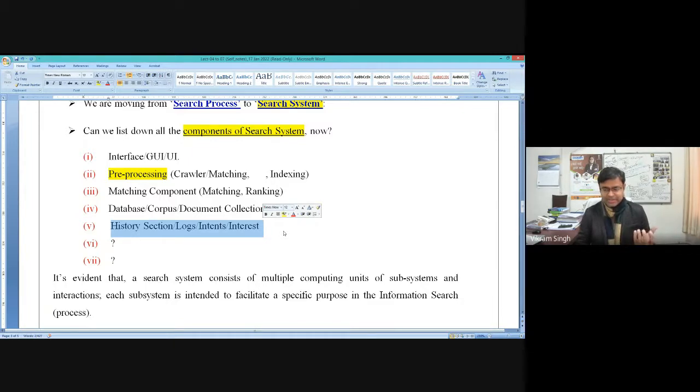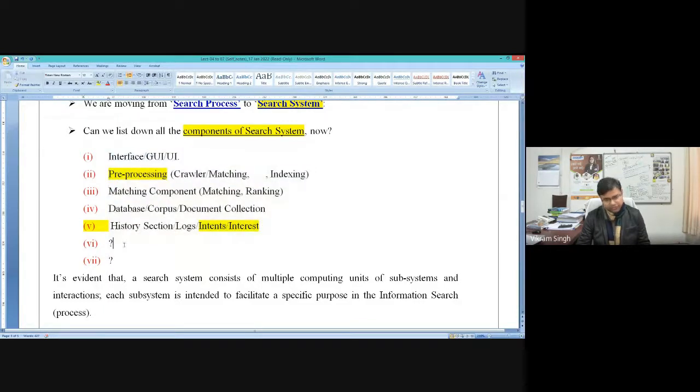In some cases, whatever results you have seen or viewed are also maintained, and it is for a specific purpose, right? So here there are two terms which are very precisely placed. They are called intent and interest, and you should look for these two terms. Why are these two terms different? Interest and intent both are different, right? So naturally, these are the things which you should have in the very first go.